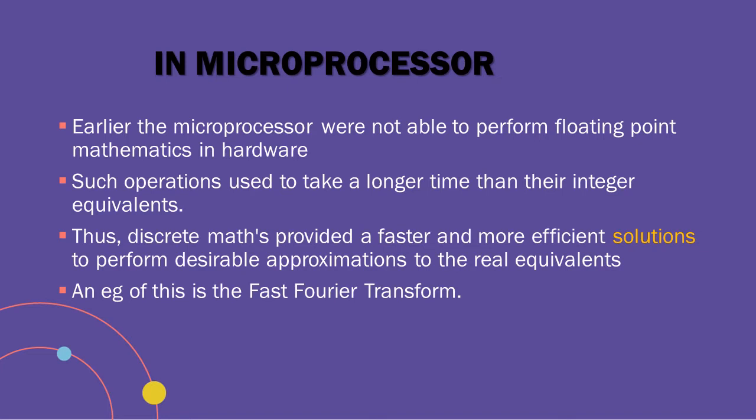Whenever we have to convert periodic functions from time domain to frequency domain, you require the fast Fourier transform. Maybe you will understand it in applied mathematics, because you have a separate module called Fourier series. Even discrete maths provided faster and more efficient solutions to perform desirable approximations to the real equivalence.